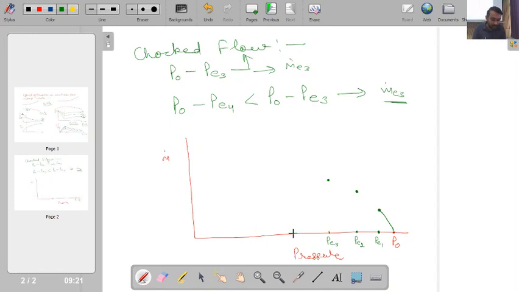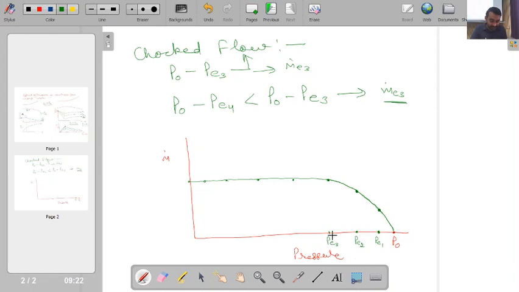But when I go below PE3 to any pressure, the mass flow rate will remain fixed. So I will get this type of curve for the mass flow rate. Is this one clear?